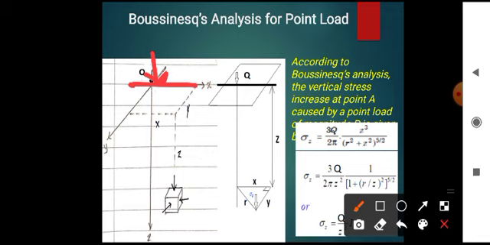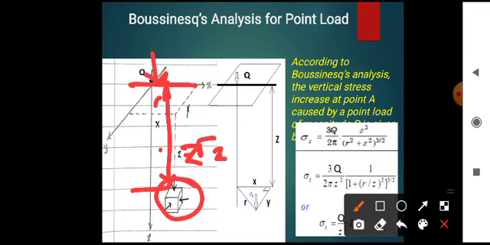Assume that we are interested in calculating the magnitude of the vertical stress, that is sigma z, at a depth z beneath the load. This is a 3D element we are considering, and we have to calculate the vertical stress magnitude at this particular depth.